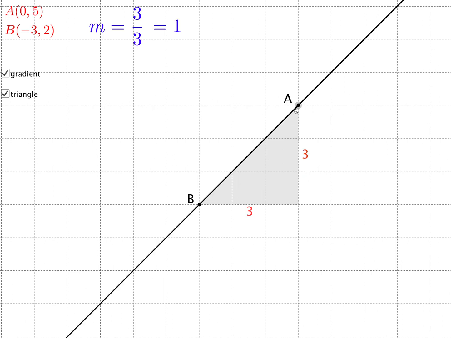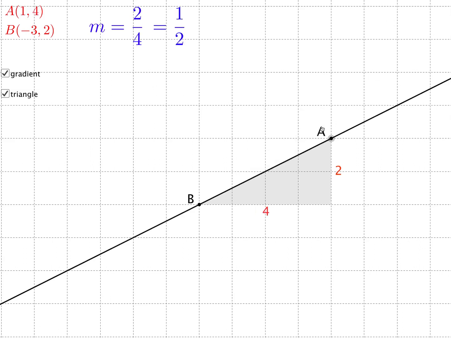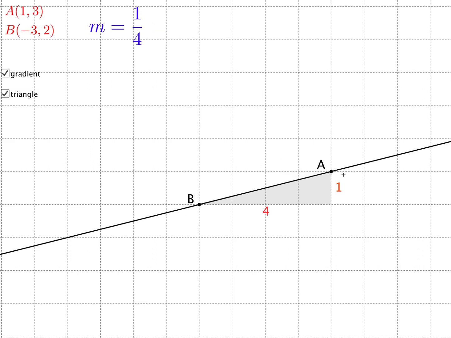At 45 degrees, a 45-degree angle to the horizontal, the gradient is 1. So here it's 3 over 3, which is 1. Beneath 45 degrees, so less than 45 degrees, your gradient will be less than 1. So here it's a half, 2 over 4. Here it's a quarter, 1 over 4.